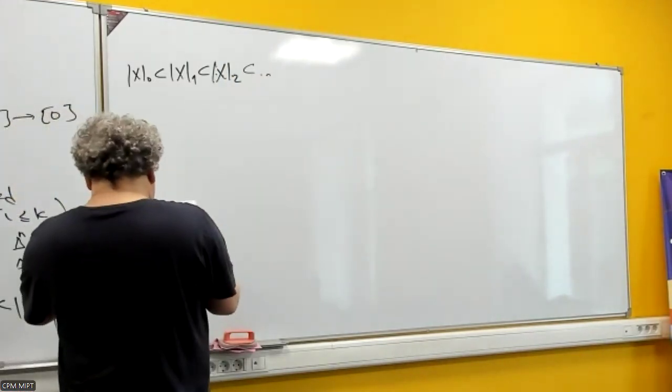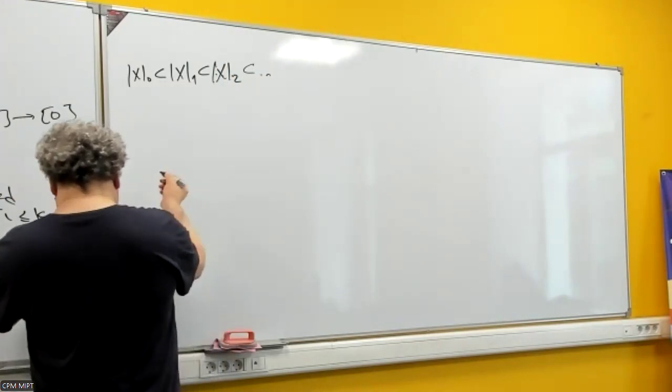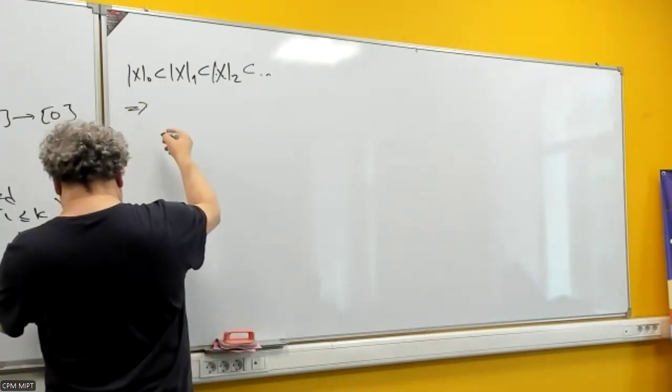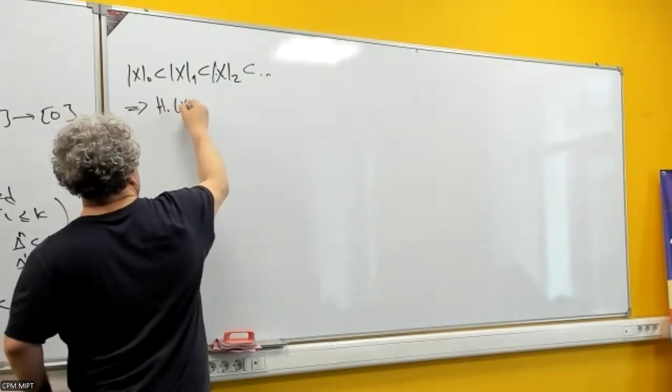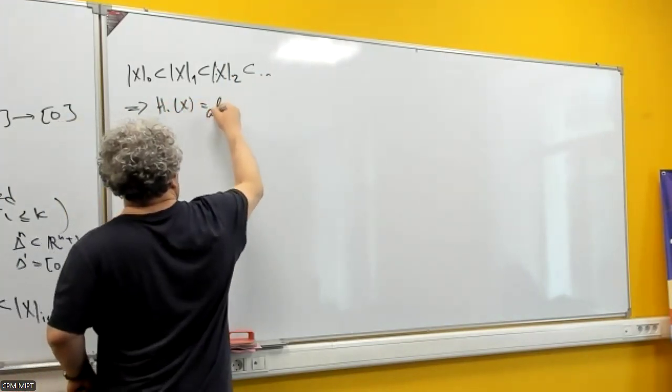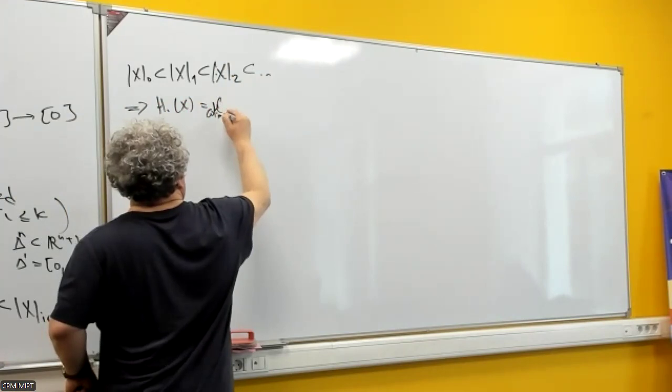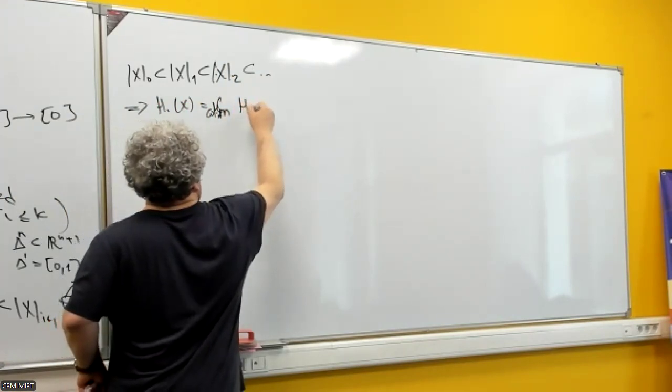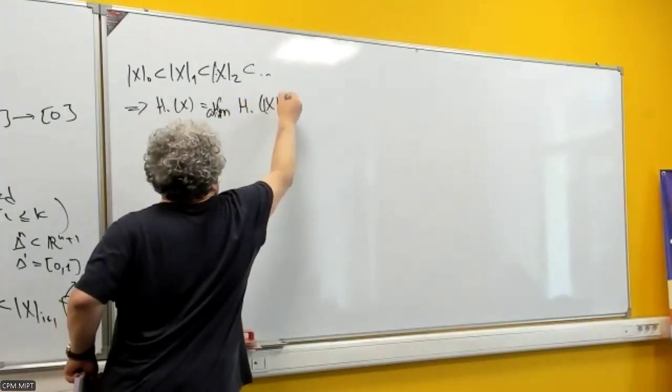So we assume that it's a closed inclusion. Then it follows that the homology of X is the colimit of the homology of Xi.